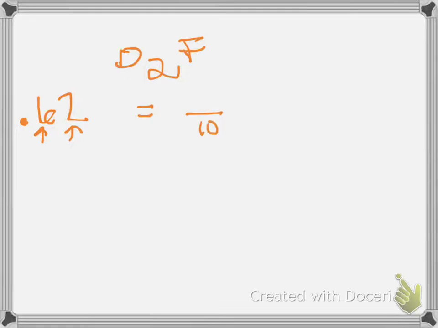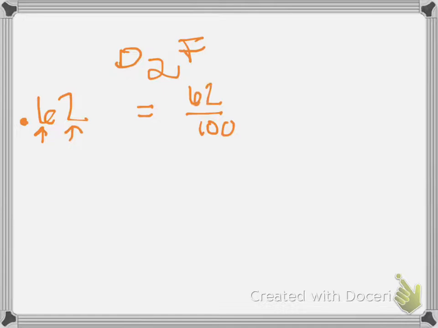Now, the next one, we have to do a decimal to a fraction. So I have 0.62, and I want to make that a fraction. There's a couple ways you can think about this. You should know your place values. Like this is the tenths, this is the hundredths. So I know that 100 has to go on the bottom because my last number is in the hundredths digit, and this number just has to go on top.